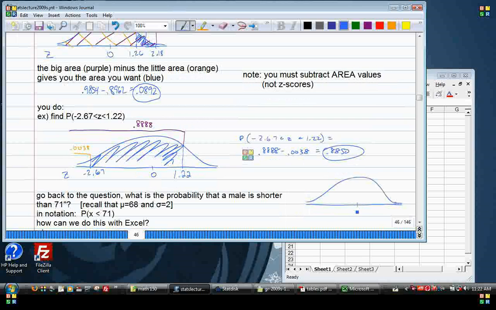And 0 goes in the middle for what? Z. What else can we label? And where does 71 go? To the right of 0? Where else could it go exactly?